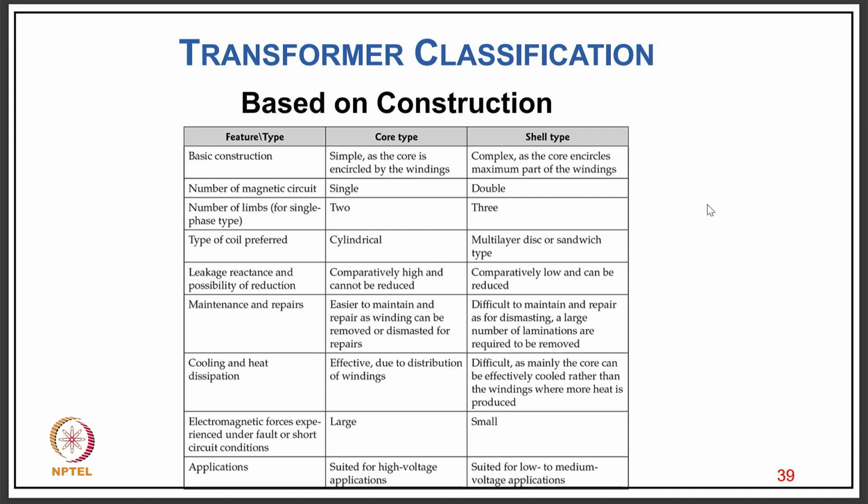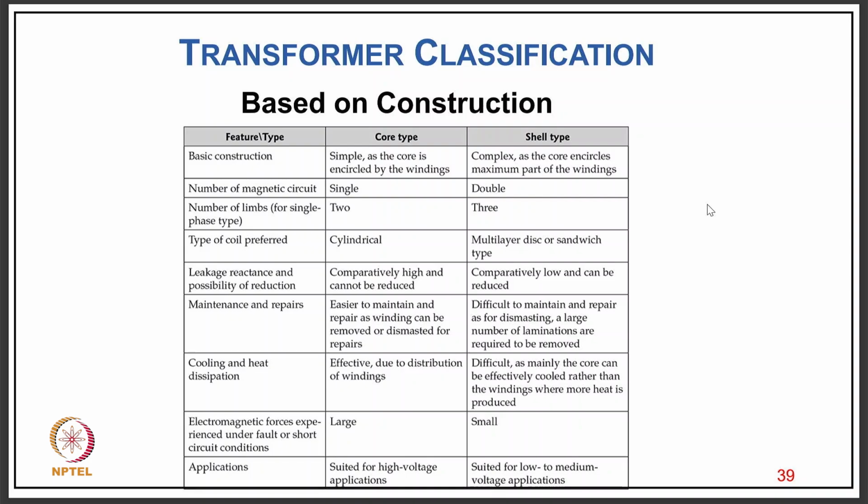And this is the comparison of core type and shell type of transformer. The core type is encircled by the winding, and the shell type is more complex, with the core encircling the maximum parts of the winding. The number of magnetic circuits is single in the case of core type, and in shell type there are two magnetic circuits, from both sides of the yoke portion.